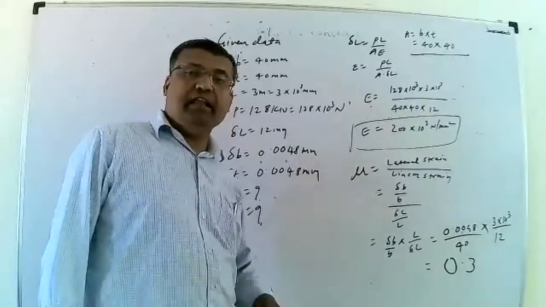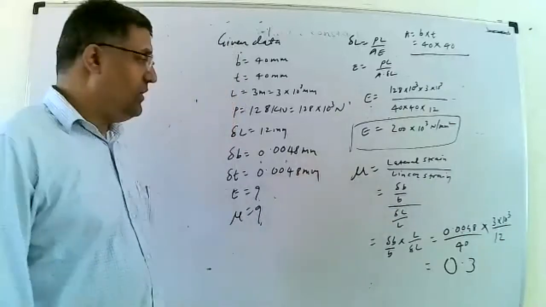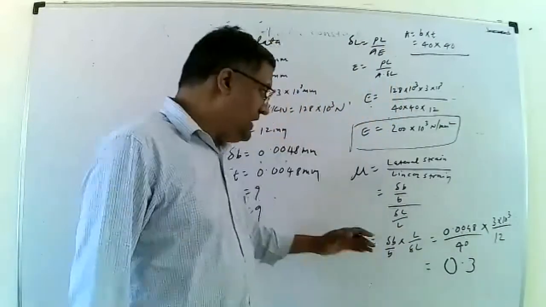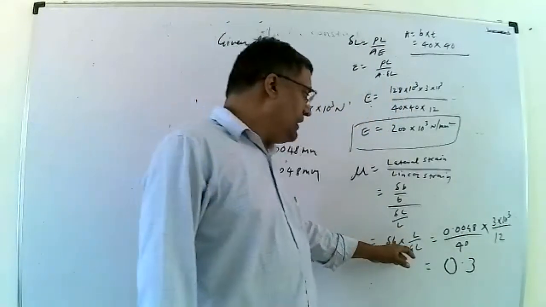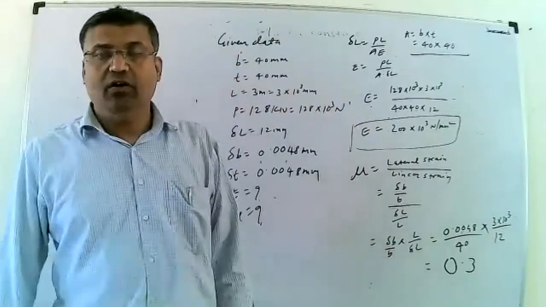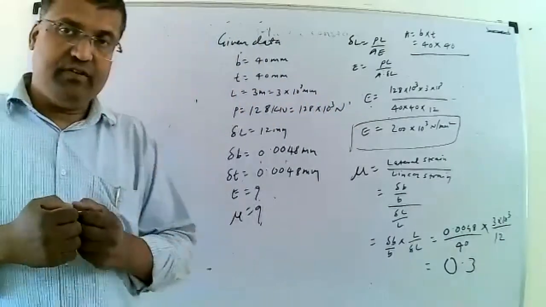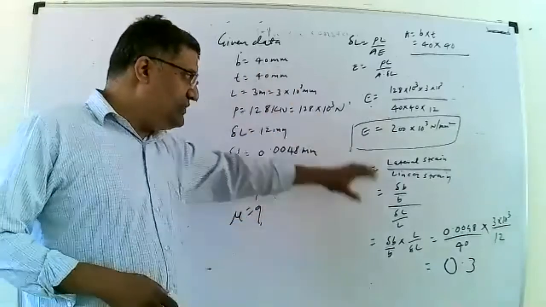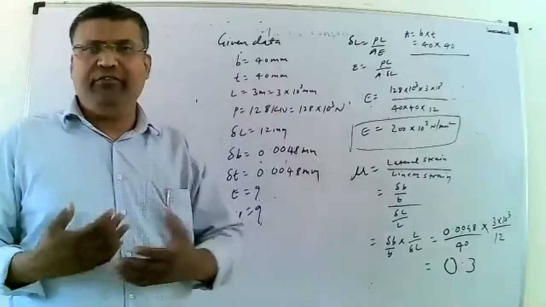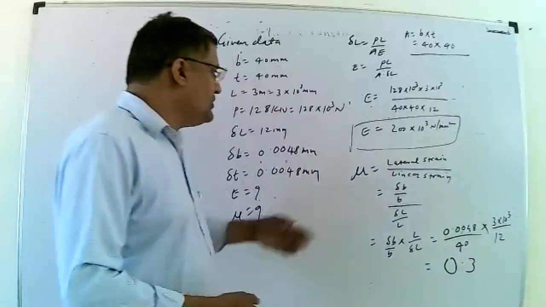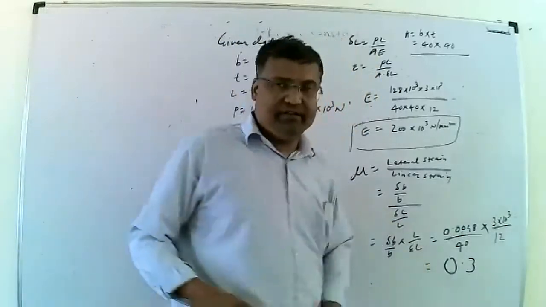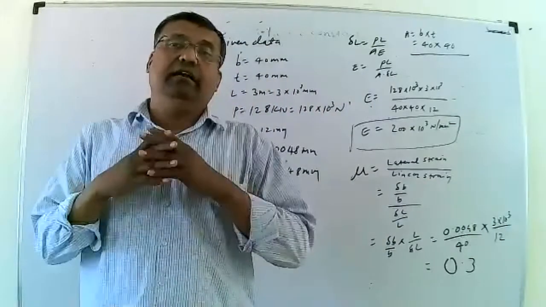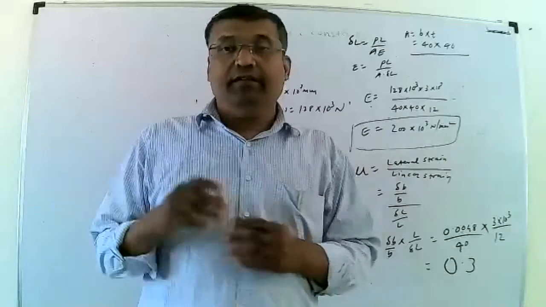Delta D upon D to delta L upon L. Then we do the simplification, delta D upon D into L upon delta L. We put all these values, some values are known, some values are calculated. We put all these values in that equation, and after simplification, we find mu is 0.3. Mu means Poisson ratio. It is the ratio of lateral strain to linear strain.